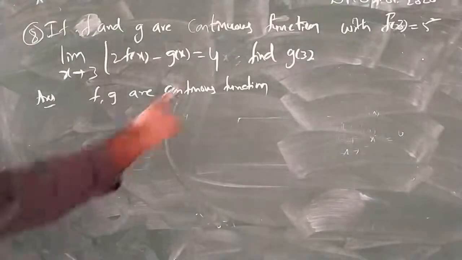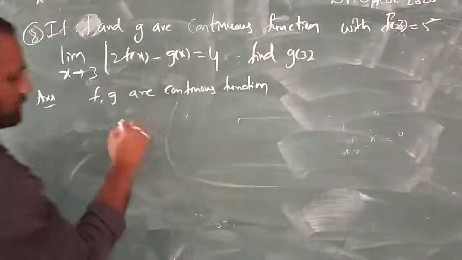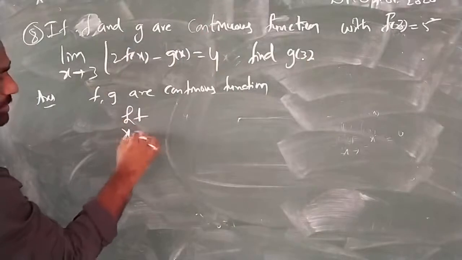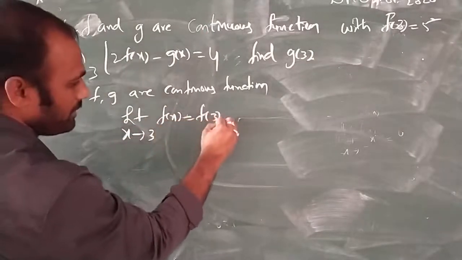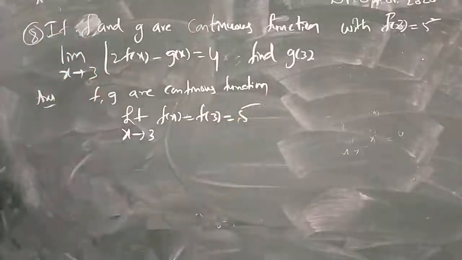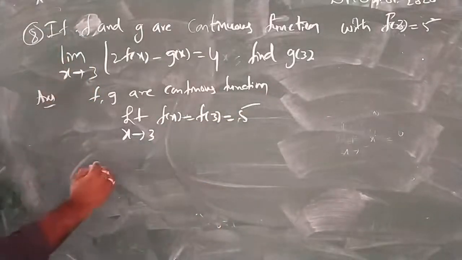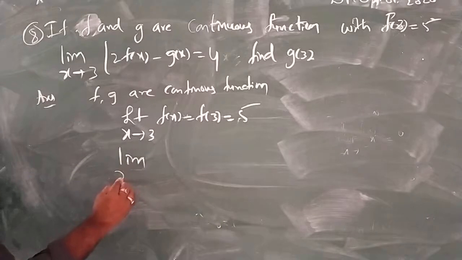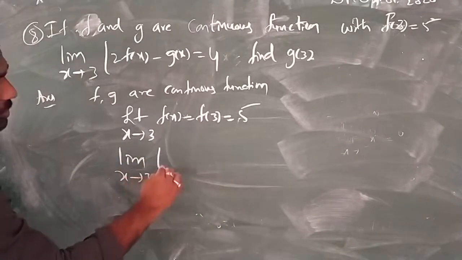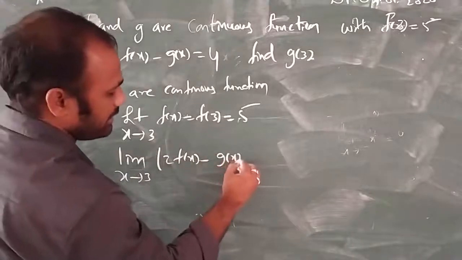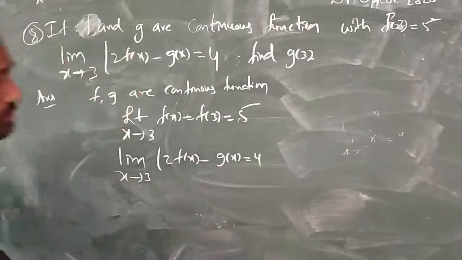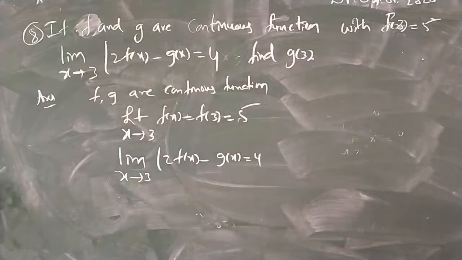So f of 3 value is given as 5, so that means limit x tends to 3 f of x is equal to f of 3 is equal to 5. Next, you have been given a condition, let us apply it: limit x tends to 3, twice of f of x minus g of x equals 4. We need to find the g of 3 value.